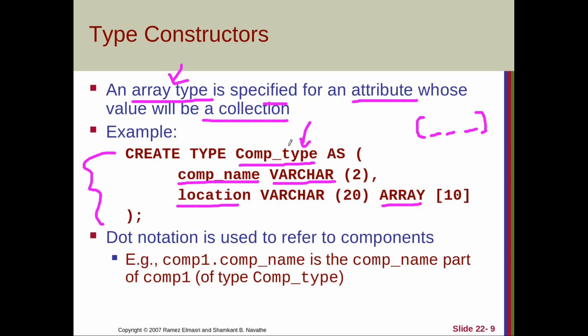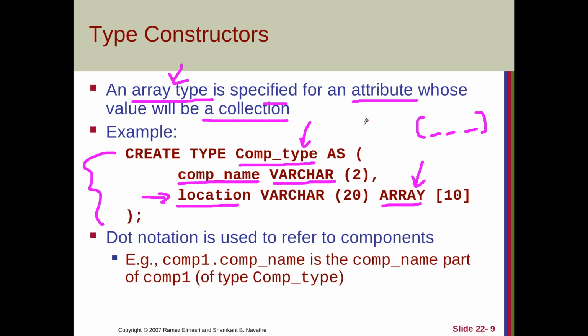That means in this company_type we have 10 locations available with the type VARCHAR of 20. I hope it is clear. The company_type will have a company name and the different locations of that company. So for a particular attribute, we are providing an array type constructor which provides the number of that particular attribute present in the type company_type.